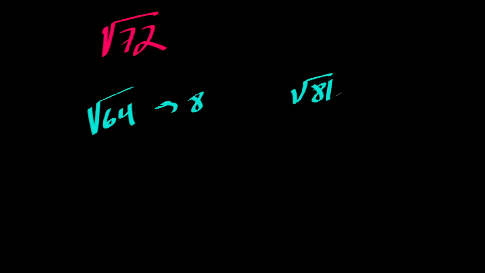I know that I could do the square root of 64, that's 8, and the square root of 81, that's 9. So the square root of 72 has to fall somewhere in between 8 and 9, but I can't just do this square root of 72 and get a whole number out. That means 72 is not a perfect square.